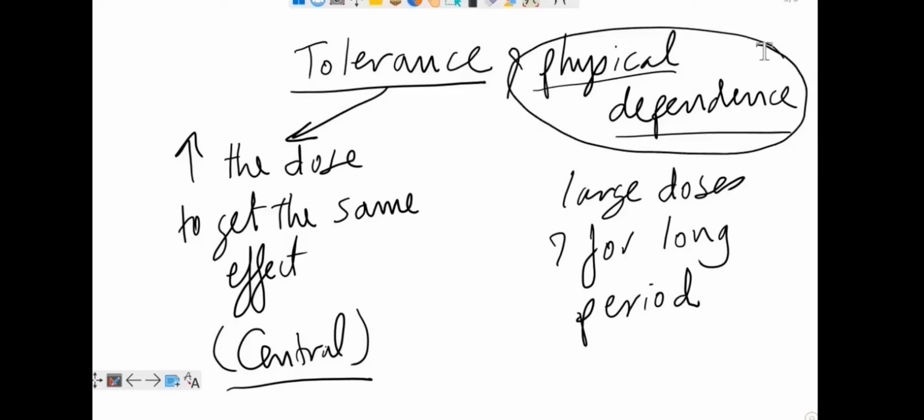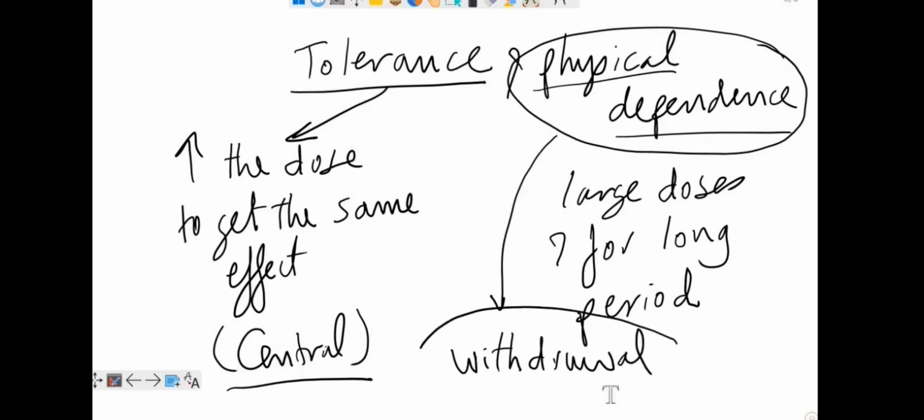If the physical dependence happens, this is very dangerous. Why? Because if we stop the drug, withdrawal symptoms will take place. Withdrawal is dangerous. What is the withdrawal syndrome?